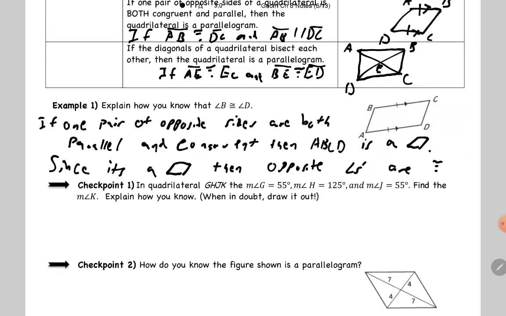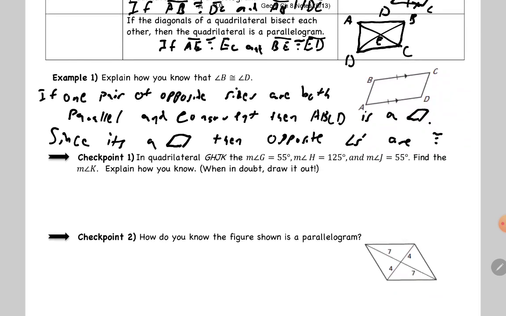In a quadrilateral GHJK, the angles measure 55, 125, 55, and angle K. Find the measure of angle K and explain how you know. So let's draw our object, which is probably a parallelogram.